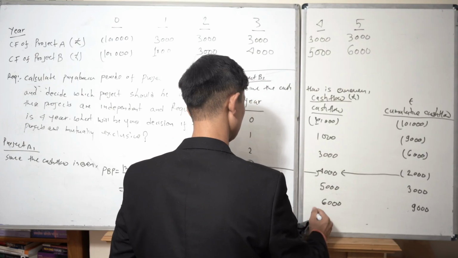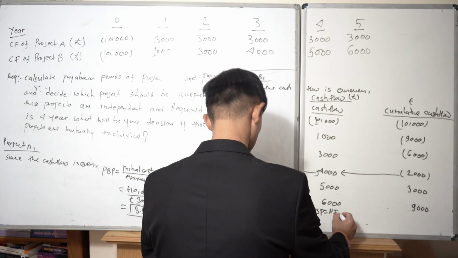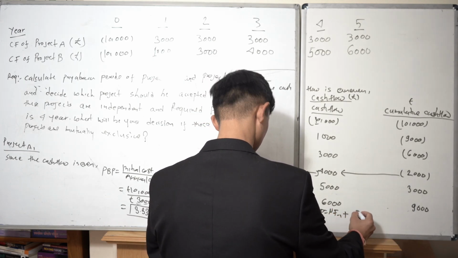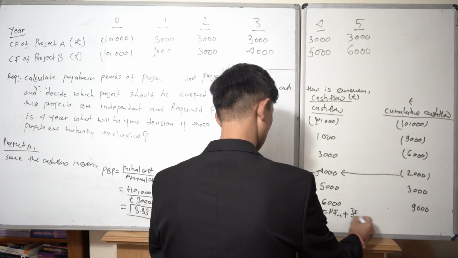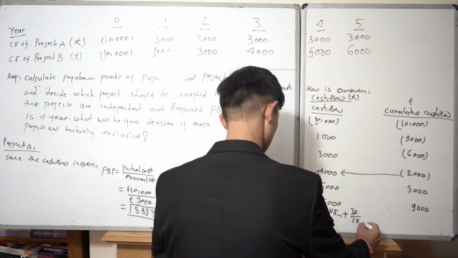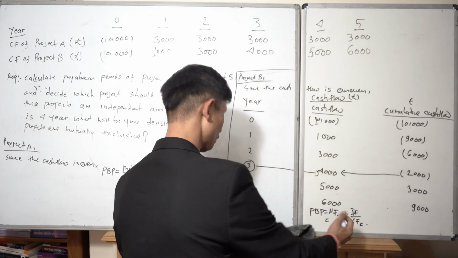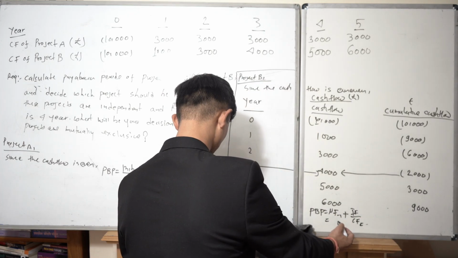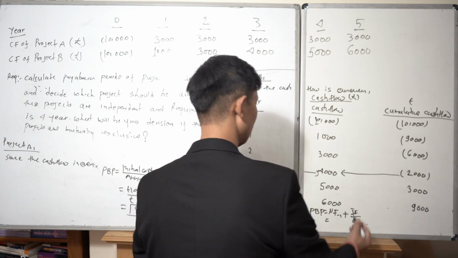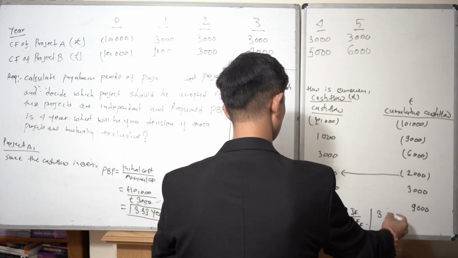So the payback period is NF minus 1 plus IF divided by CF. NF is the number of years prior to full recovery of the investment, which is year 3.